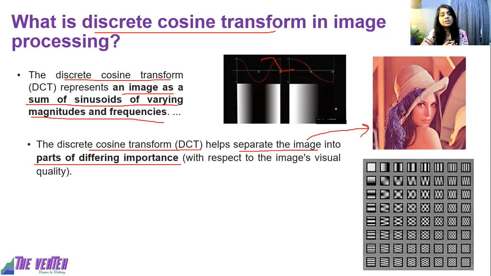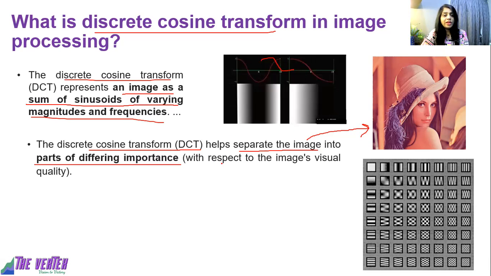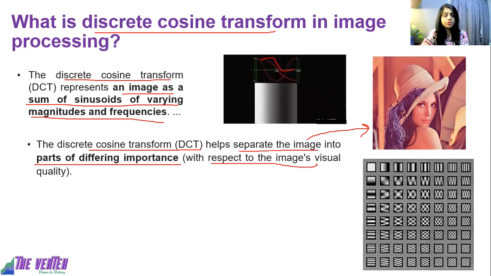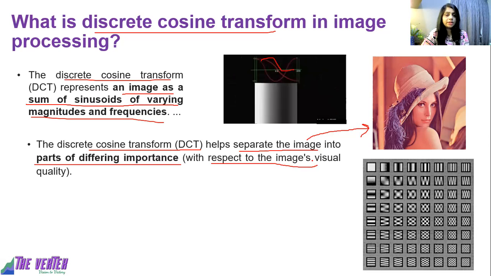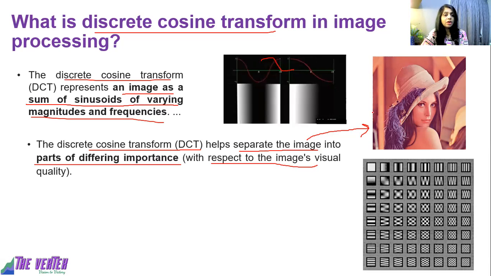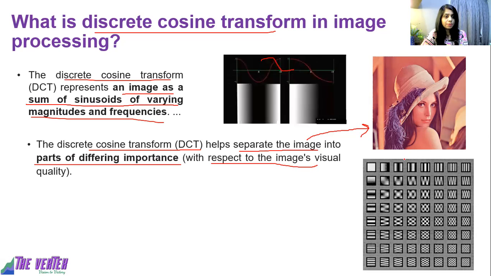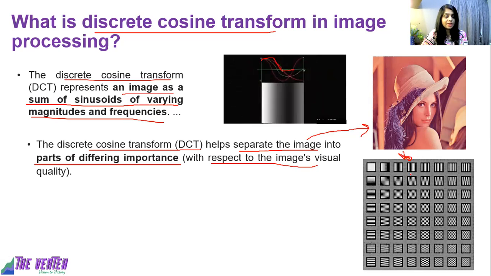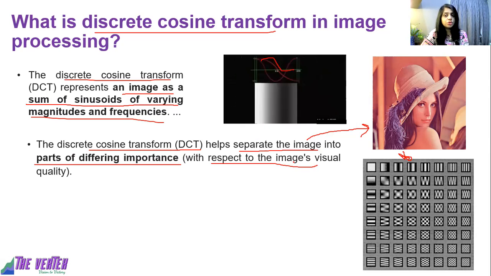Differing importance, but in what sense? With respect to image visual quality. That means by using DCT, we can separate this image into different parts of differing importance with respect to image visual quality.